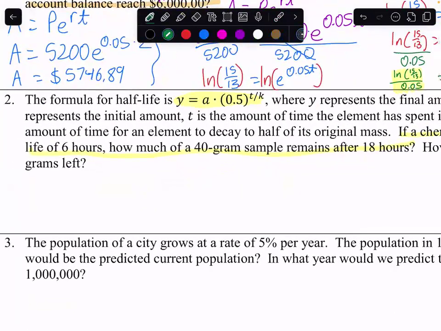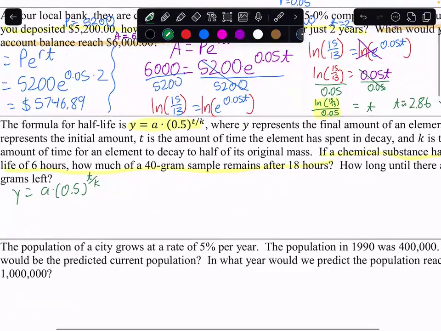Okay, so let's go ahead and use the given half-life formula. So what are the numbers they gave us? They told us the initial amount. We're starting with 40 grams, so A is 40.